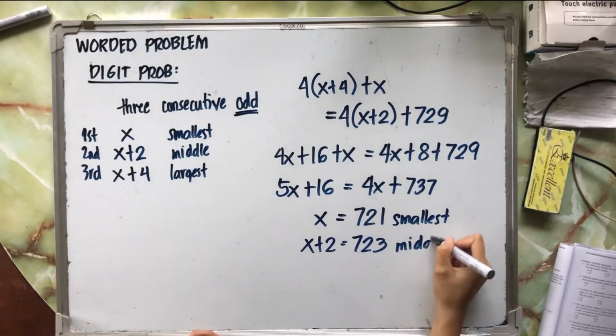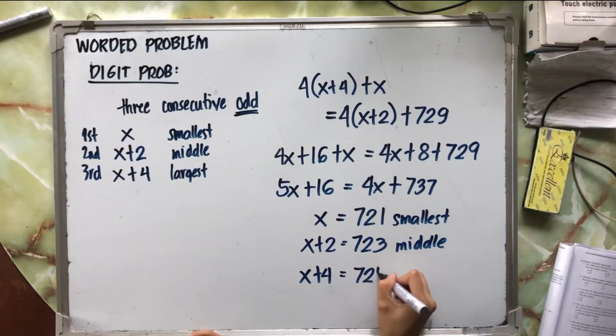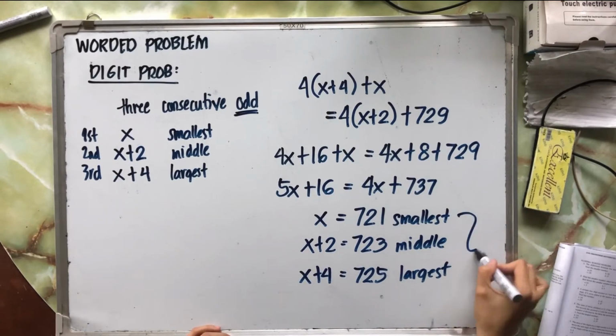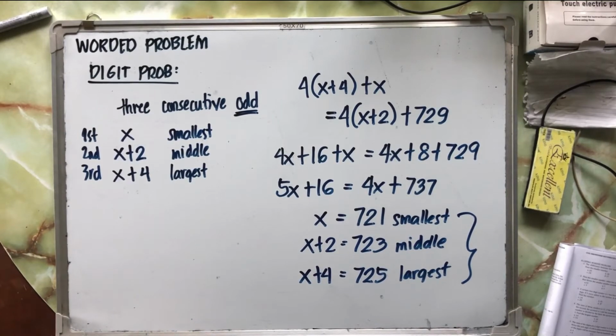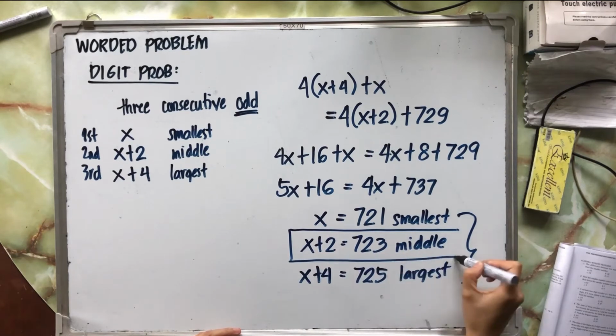It's the middle. Whereas the largest is x plus 4, which is 725. So these are the 3 consecutive odd integers that satisfy the parameters given by our problem. But to answer our problem itself, what is the middle number? So that should be your final answer. Okay?